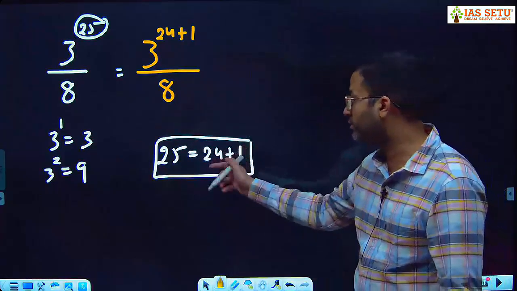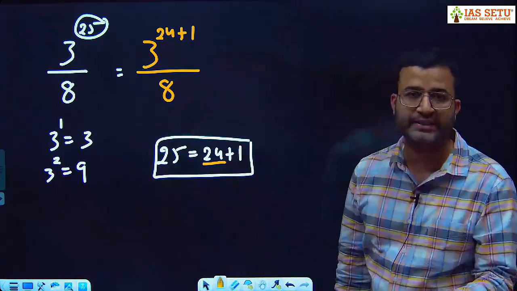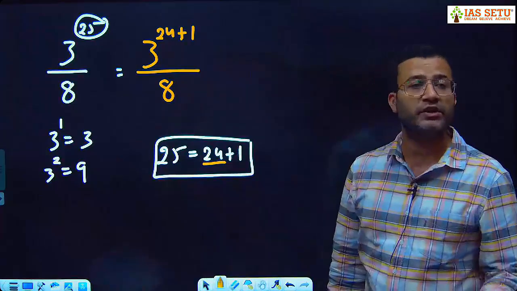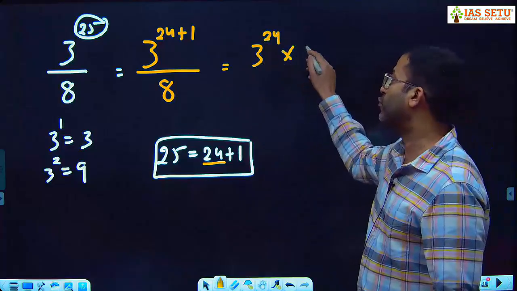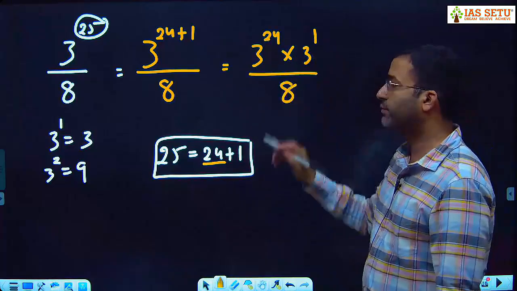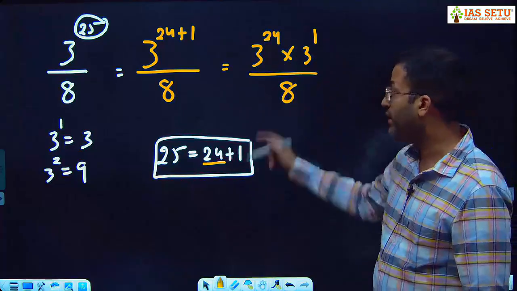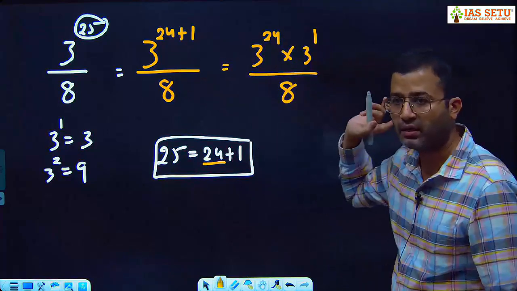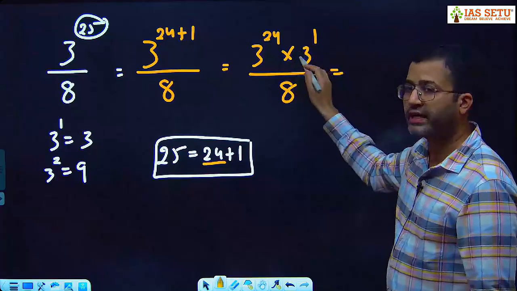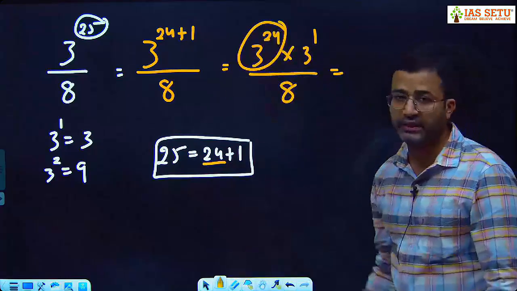Why one extra? Because up to 24 it is easy. We have one extra power which we have to take care of. Now next is 3 to the power 24 into 3 to the power 1 divided by 8. As per the rule, a to the power m into a to the power n is a to the power m plus n. Then you take them separately. This is manageable easily. Why?